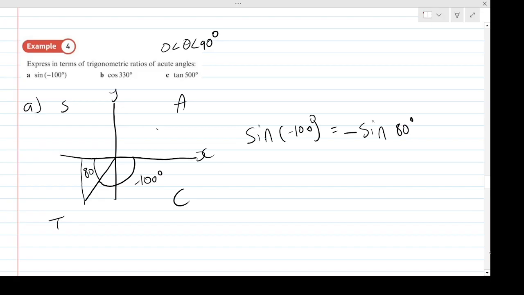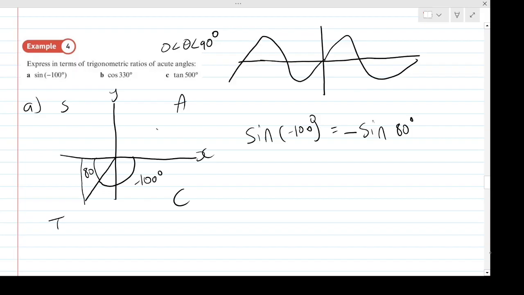Now we can confirm this by looking at the sine graph to make it make sense. So let's draw a sine graph then. There we are. So sine 80 is going to be like there, right? And minus 100, well, this is going to be minus 90, so minus 100 is going to be a bit off to the side of it there. Hopefully you can see the symmetry.